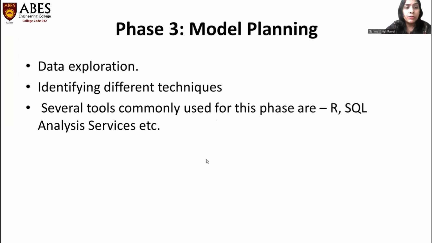In data exploration, the data is explored to find whether there is a relationship between different variables, whether they are correlated or not, and to identify the key variables which will affect the output of the system. It also includes finding an appropriate model for the project.